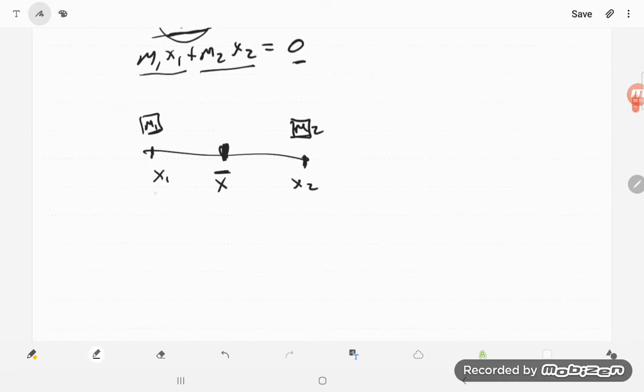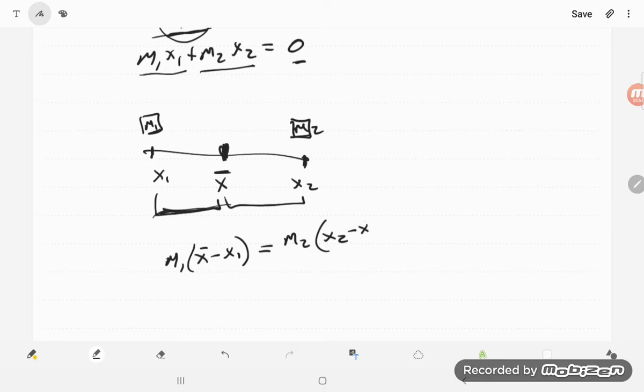Well, again, what we know is, with these distances, that they have to be equal. So that says that m1 times the distance here, well, the distance there is what? x bar minus x1. That has to equal m2 times x2 minus x bar.